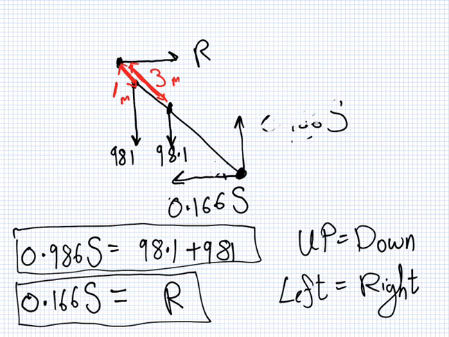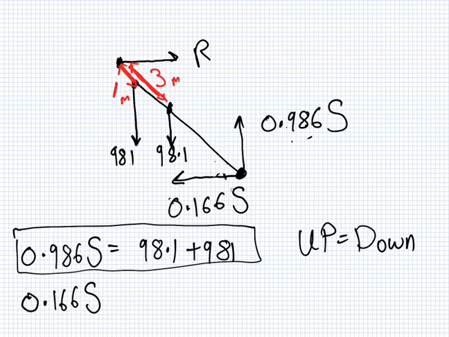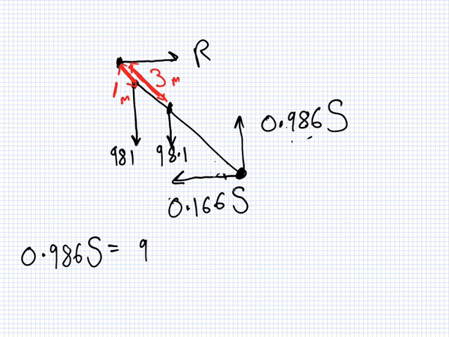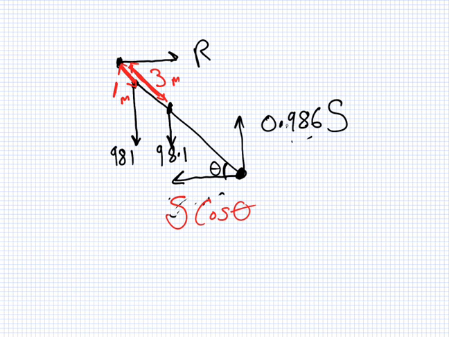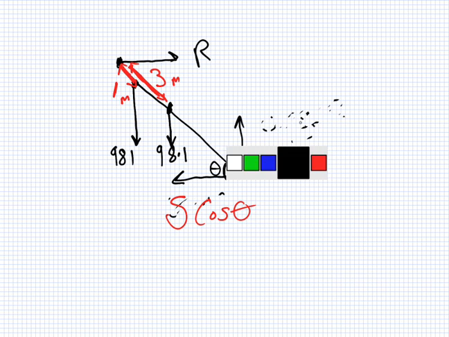Rats. I'll just undo. It's easier for me to do this. S cos theta, and then here S sine theta.